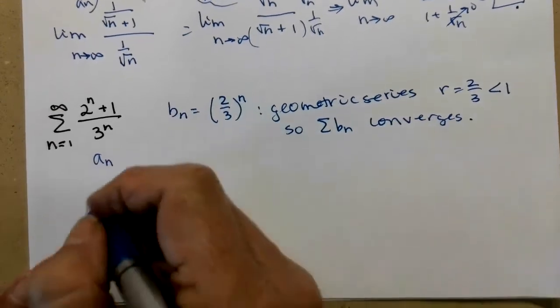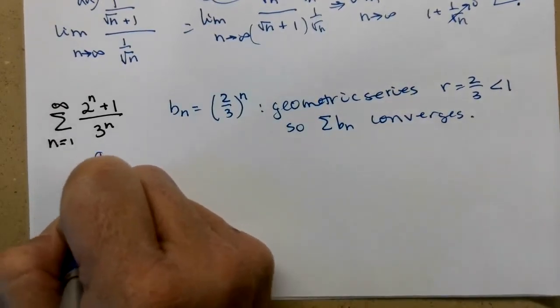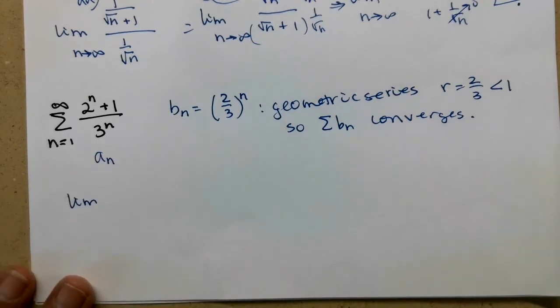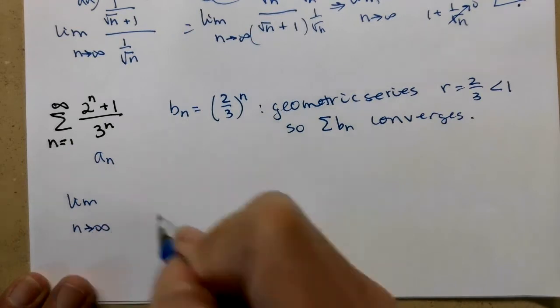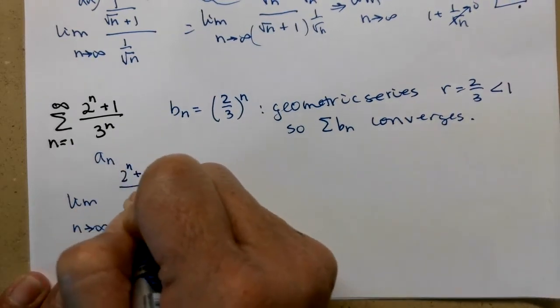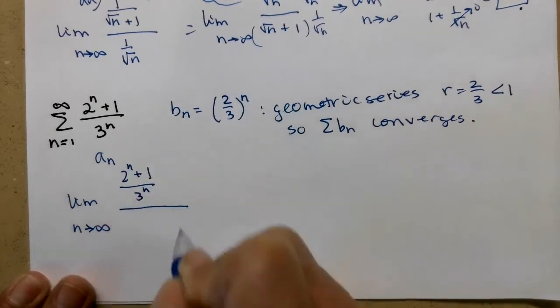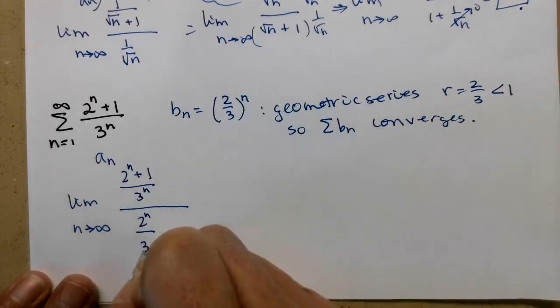So now we're going to look at the fraction again. I shouldn't say ratio because there's a ratio test we're going to get to. So we're going to take the limit as n goes to infinity of a sub n over b sub n. I'll go ahead and split that apart.